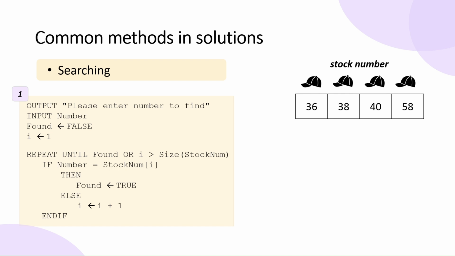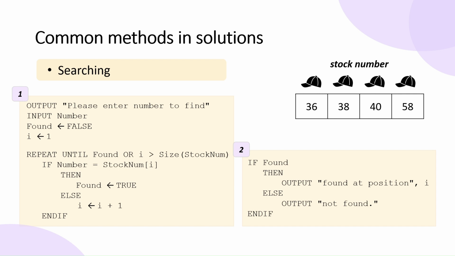But if the value of index I doesn't equal the number, you can increase the counter I by 1. And if found equals true, or I exceeds the size of the array, the loop will not repeat on its next round.